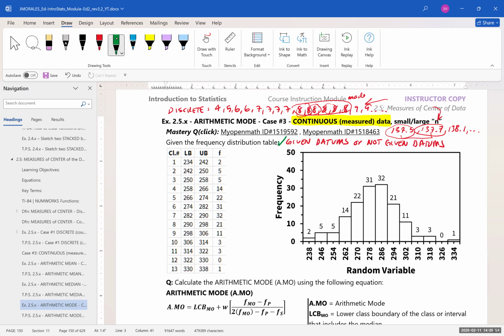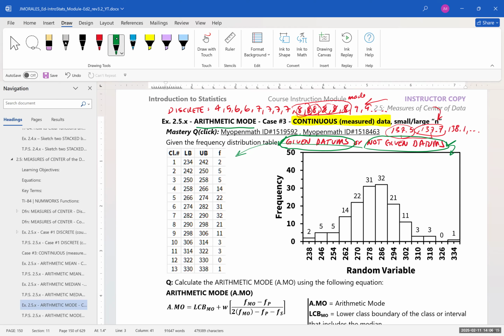You want to use this in both cases. Okay. So you'll use this arithmetic mode regardless of whether you have the data or you only have the histogram or the frequency distribution table.